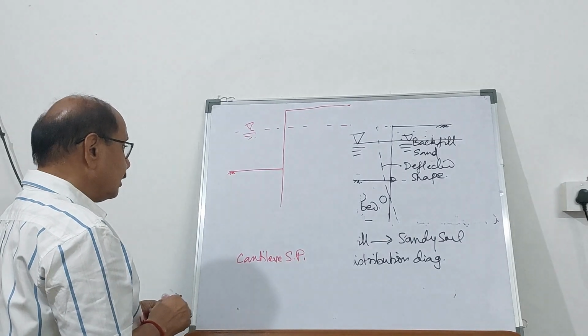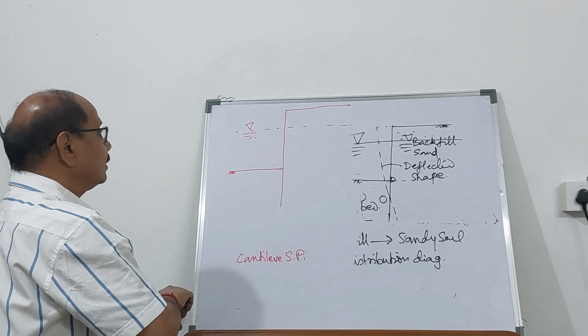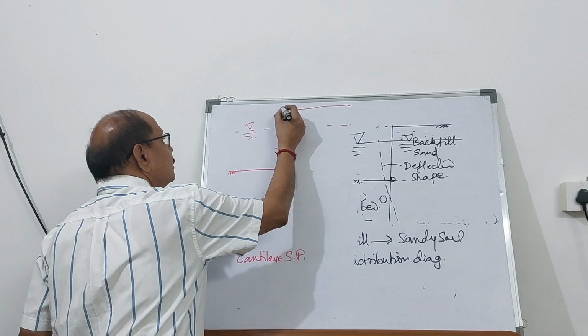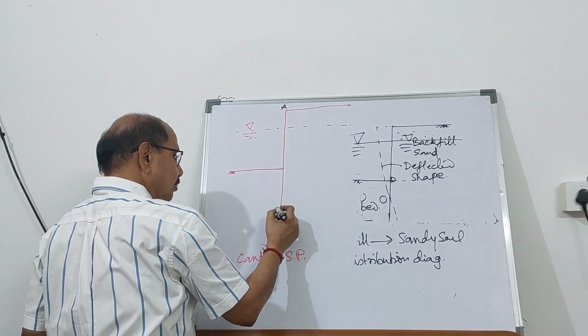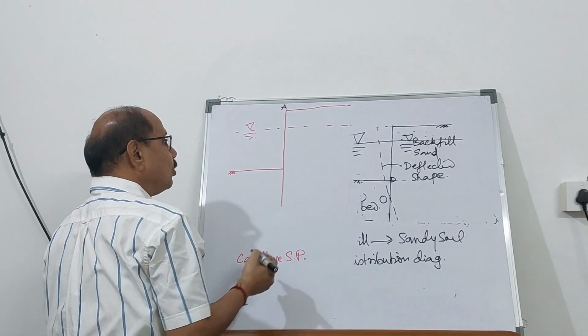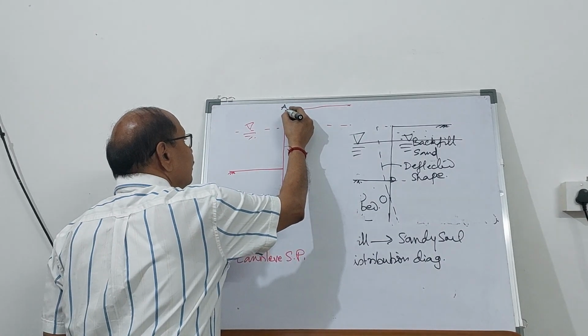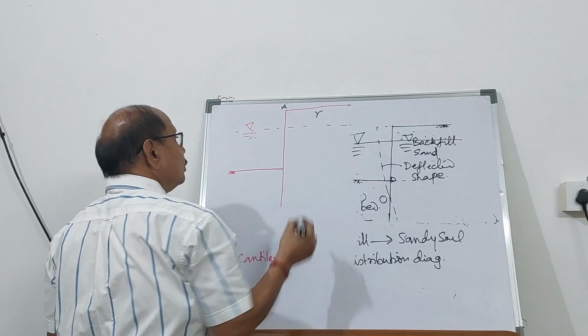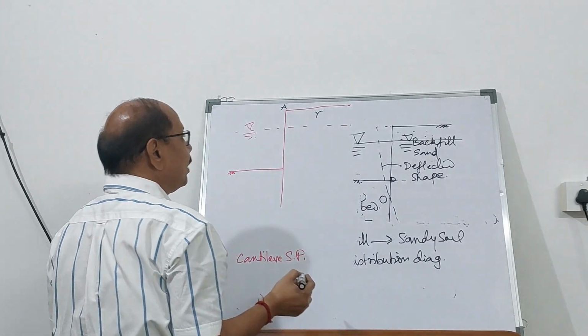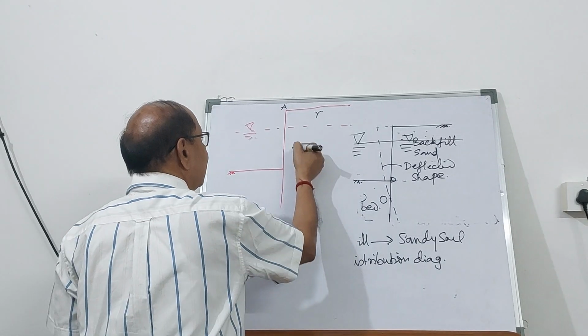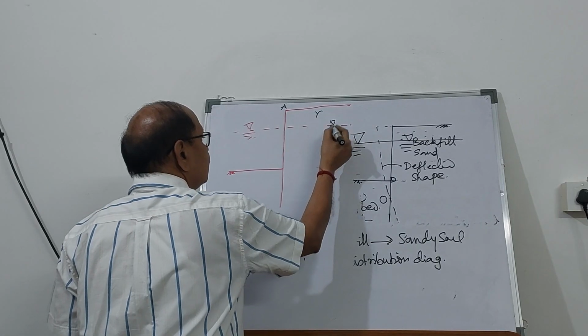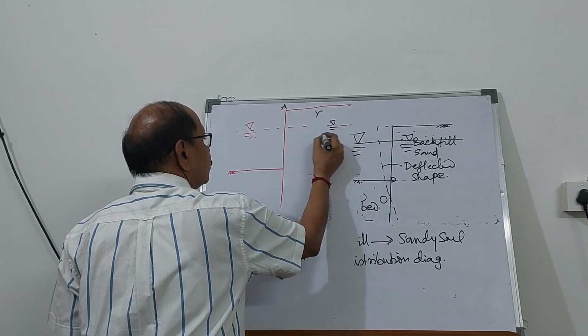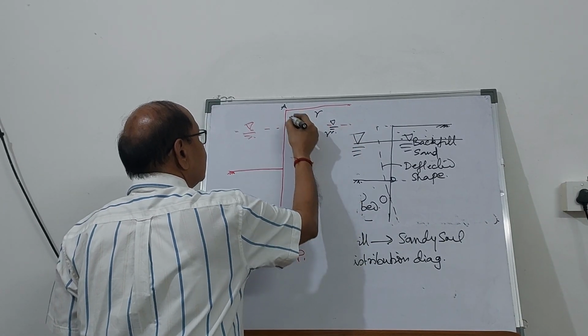Now here in this, the top is point A, bottom we can call it as point B. So here the unit weight is the bulk unit weight gamma, and below the water table it is going to be gamma prime.